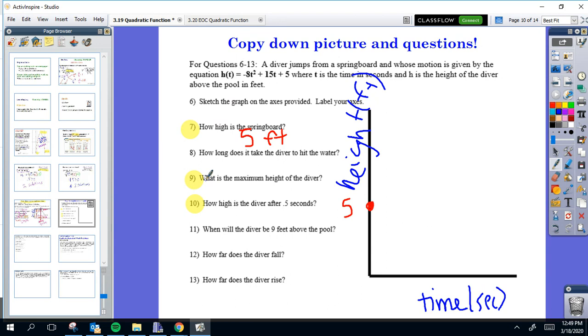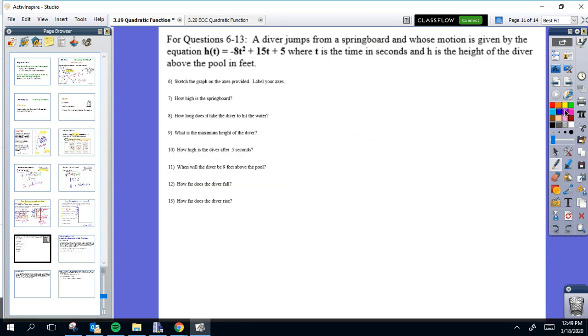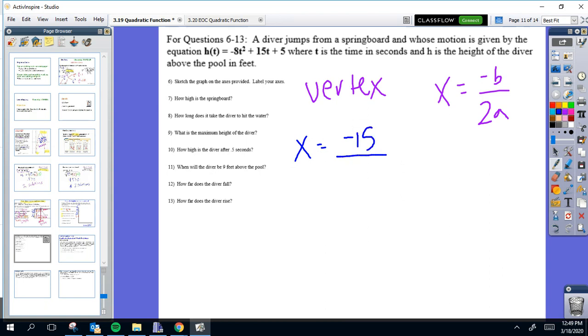All right, next question. What is the maximum height of the diver? Well, we know maximum means vertex, and my vertex formula is x equals negative b over 2a. So all I'm going to do is plug that in. X equals negative b, which is 15, over 2a.